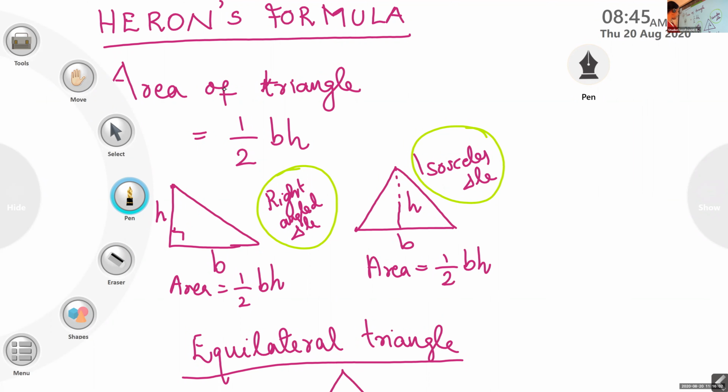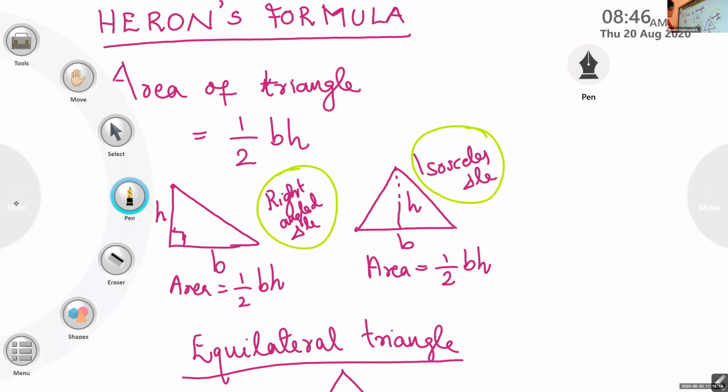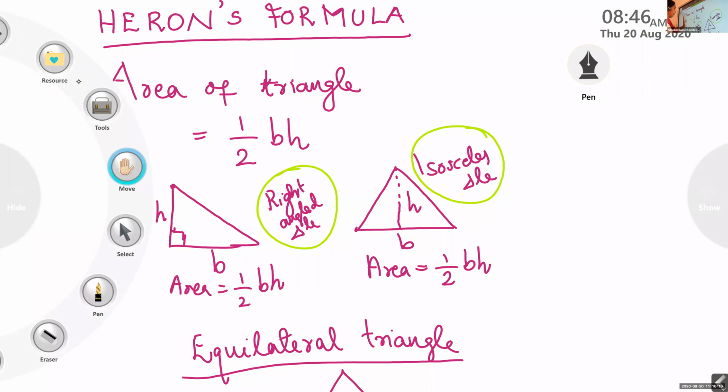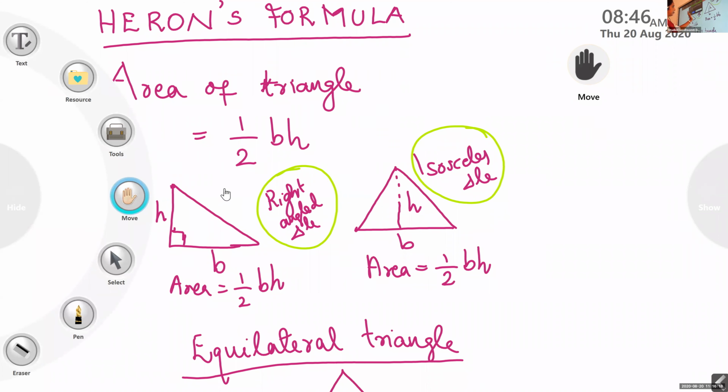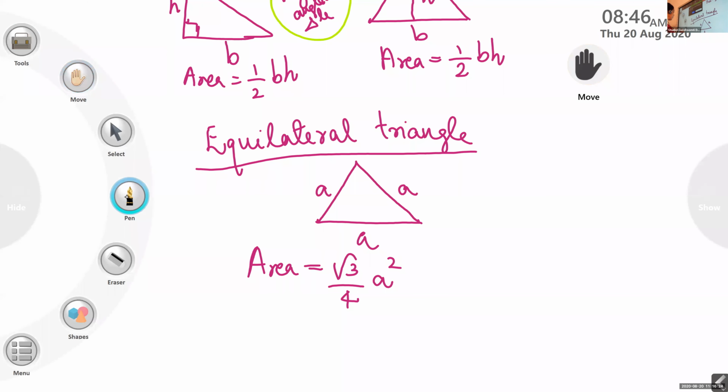Then when an equilateral triangle comes, we are using this formula, that is root 3 by 4 A square. Okay, children, root 3 by 4 A square.